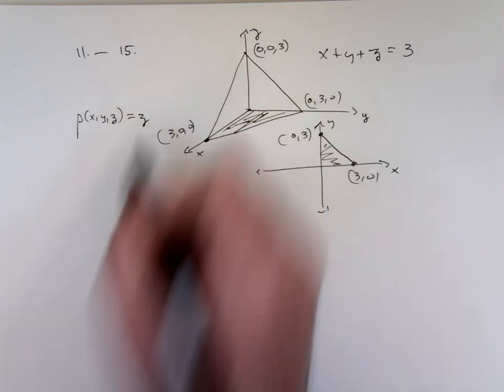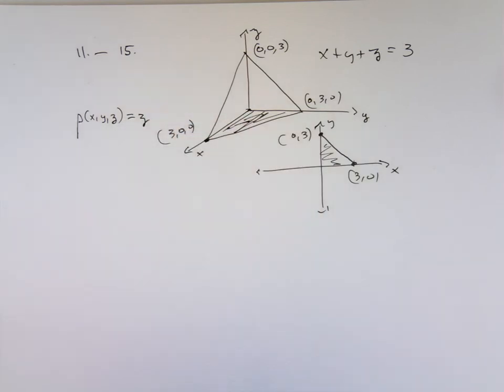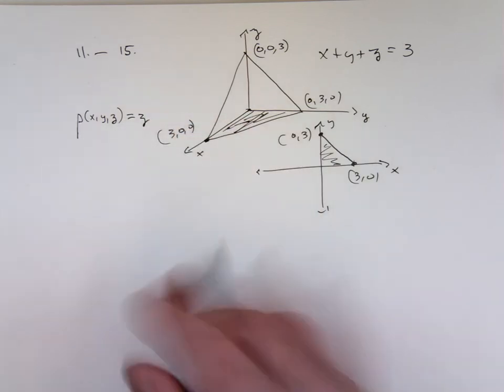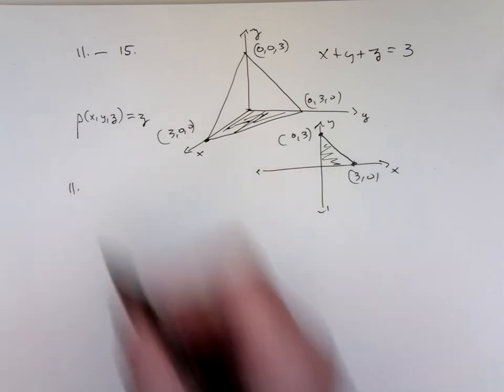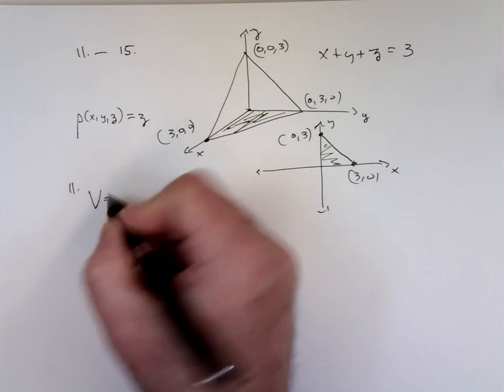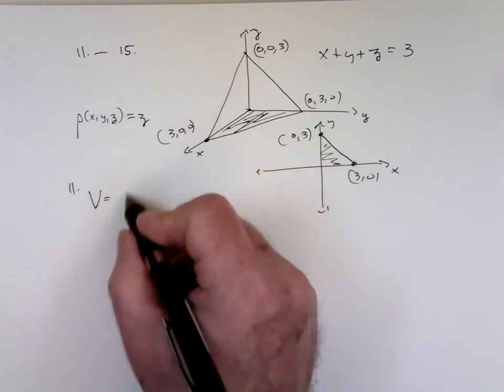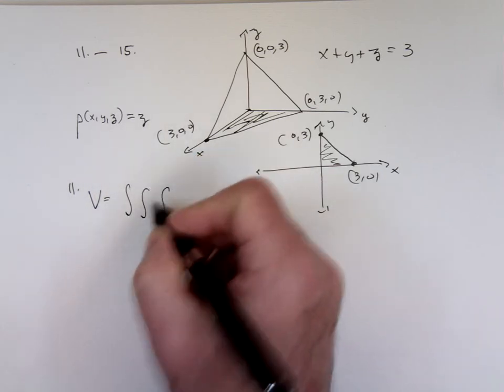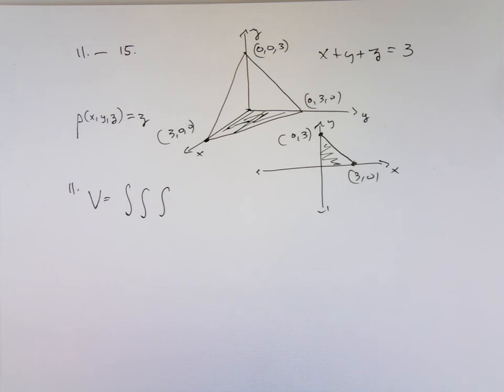All right, so, number 11. Okay, find the volume. Just kidding. We have a triple integral. We have a triple integral here, and what we're going to do is go from bottom to top.